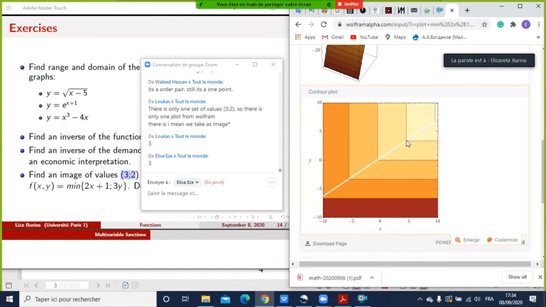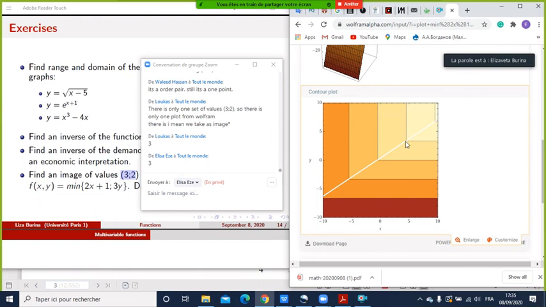So for a certain x, we can increase y as much as we want, and the same logic applies here. We can increase x as much as we want, but we're going to start anyway from this point. So this is a fixed point for a certain level of f. This curve corresponds to a certain level of f.